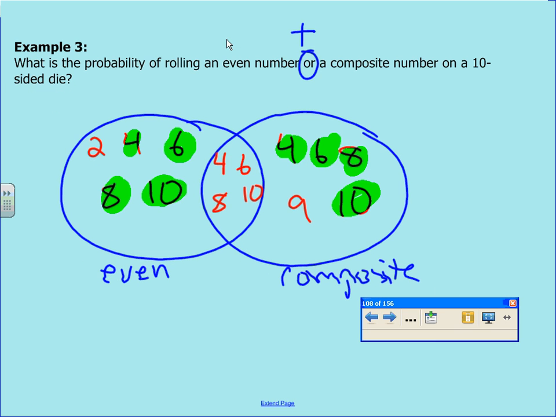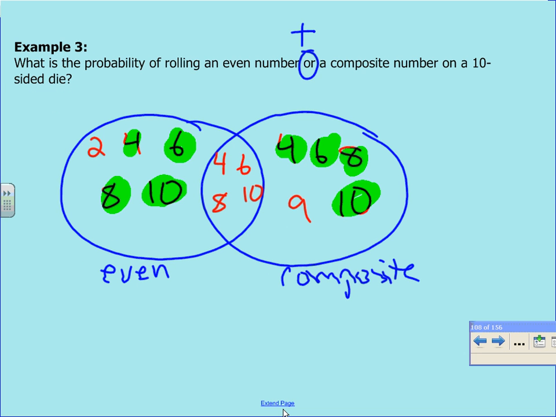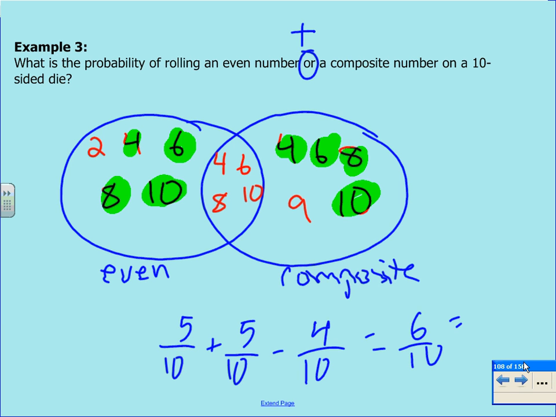Okay, it's overlapping. So what are we adding and subtracting together? Annalise, go ahead. Awesome. Good job. So we get 6/10 after we combine those, which is 3/5. Good explanation there.